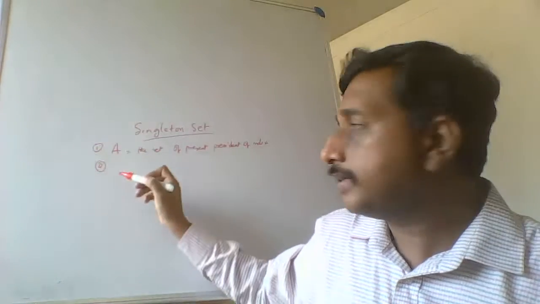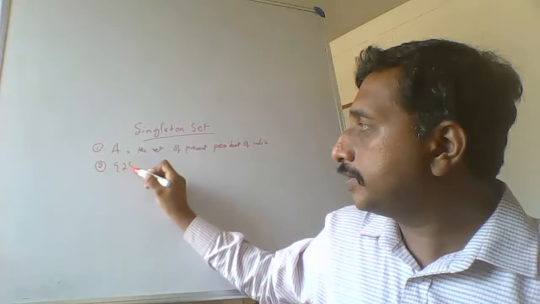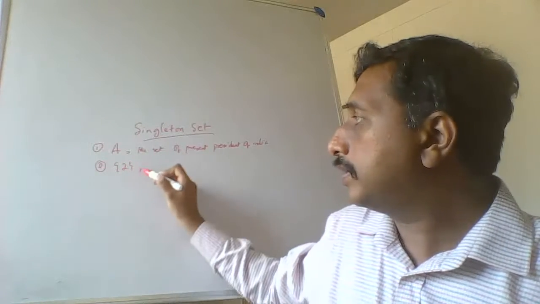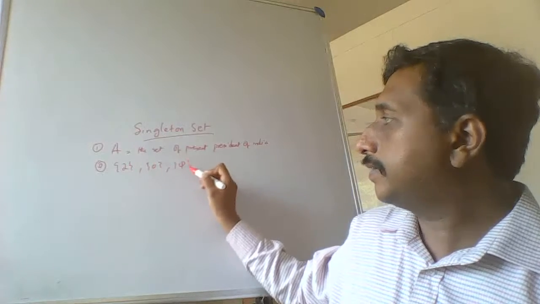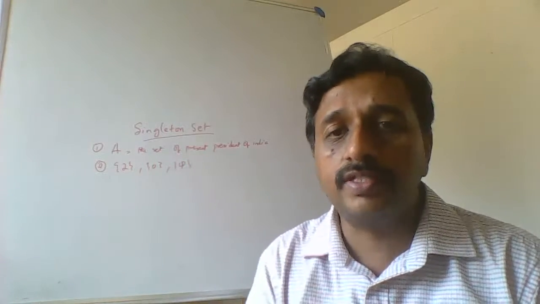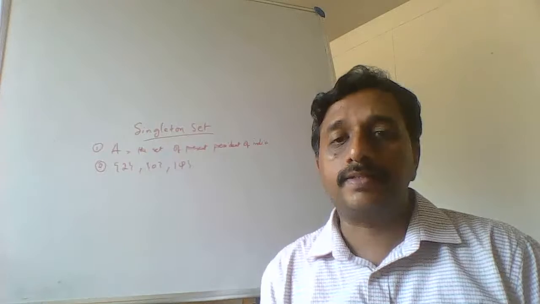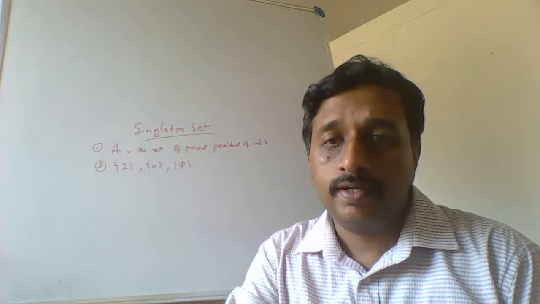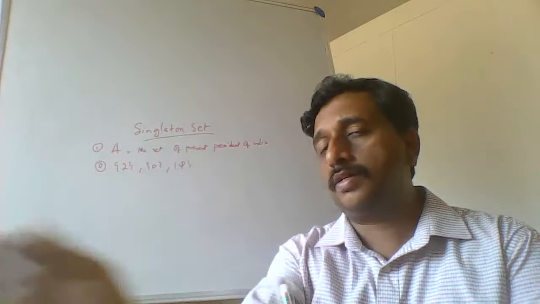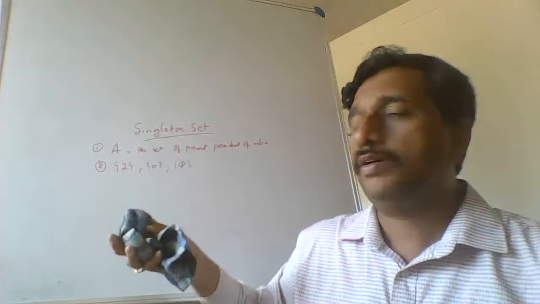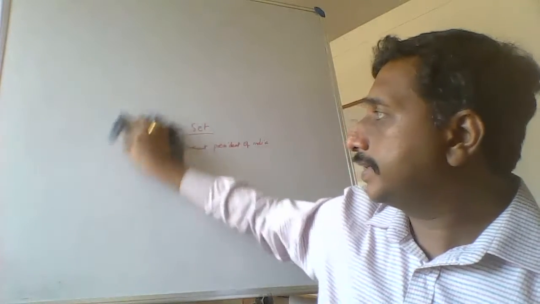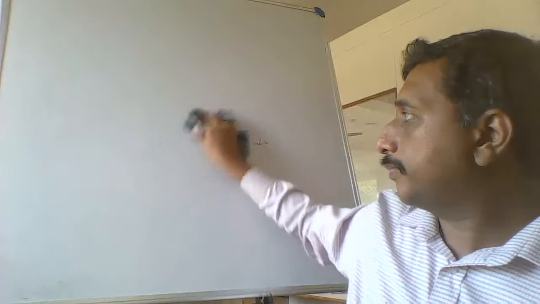I can write another: if you consider 2 or 0 or a null set, these are singleton sets. Now let us see one such example of a singleton set given to you.